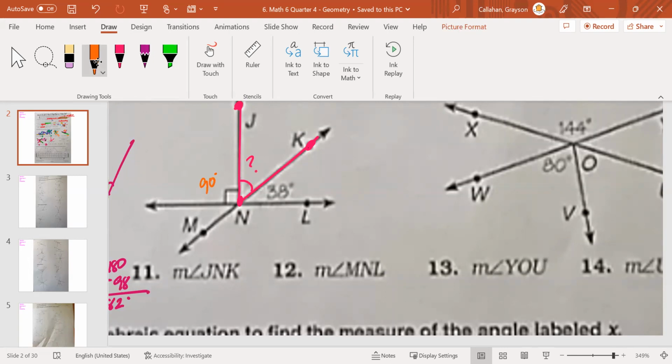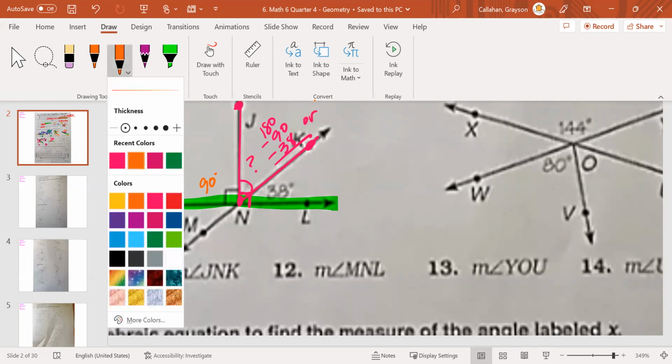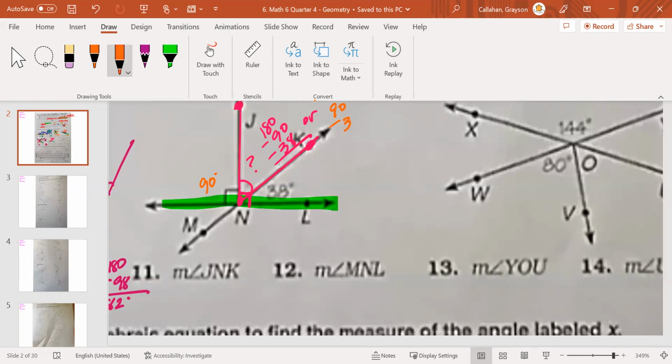Well, yeah, it is also 180. You can say, okay, this entire thing is 180. So for me to find this angle here, I'm going to take 180 minus 90 minus 38. Do you see that? Or if this angle is 90, then you know that these two angles here are also 90. So I can just do 90 minus 38. Do you see that? Which is going to give you 52.